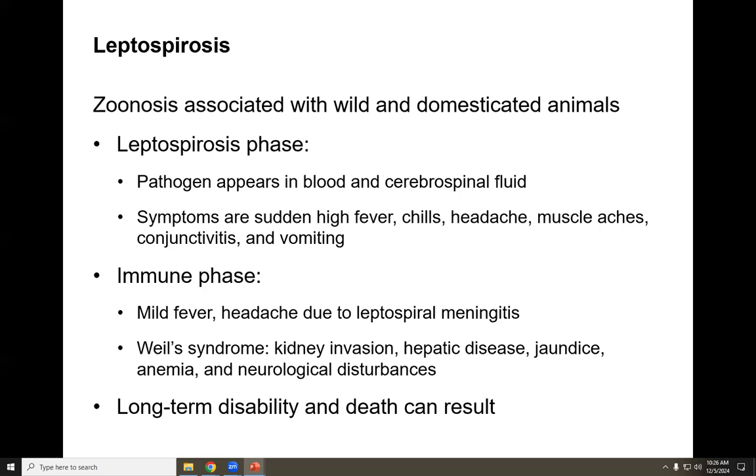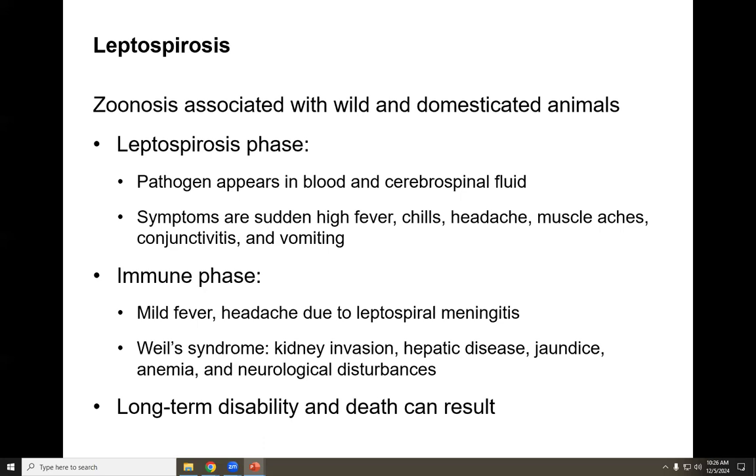Moving on to leptospirosis. This is a bacterial disease. It's a zoonosis. There is a vaccination available for pets, so you can prevent this from getting spread amongst pets. It has two different phases of infection, depending on where the organism is and how you are reacting to it.